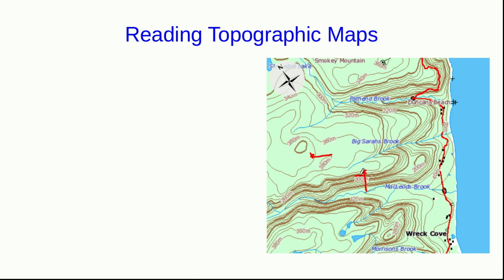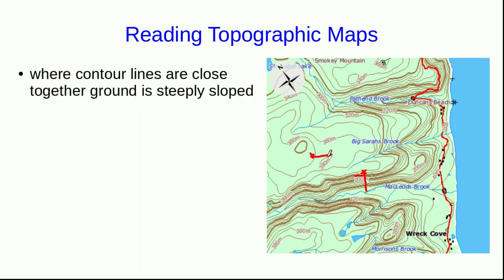This tells you, looking at those two regions on the map, that where contour lines are close together, the ground must be steeply sloped, because if the lines, which mark constant elevation, are close together, that means you can go a short distance and yet go through a rather large change in elevation.